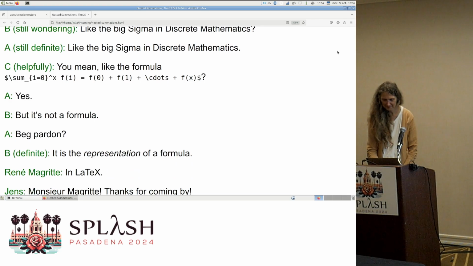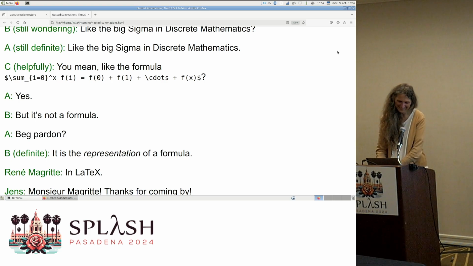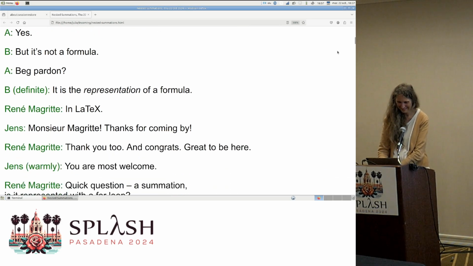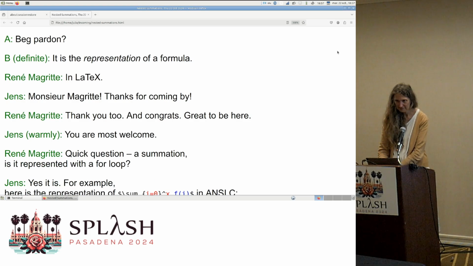You mean like the formula sum from i equals 1 to x of f_i equals f_0 plus f_1 plus ... plus f_x? Yes. But it's not a formula. Beg pardon? It is the representation of a formula. In LaTeX.